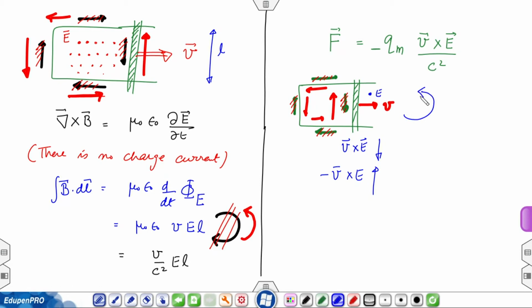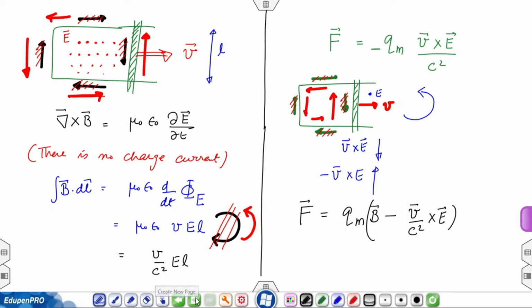Therefore, the full Lorentz force now on a moving magnetic charge is going to be Q m times B minus V over C square cross E. So, now we have gotten everything to work out if there are magnetic and electric charges both.